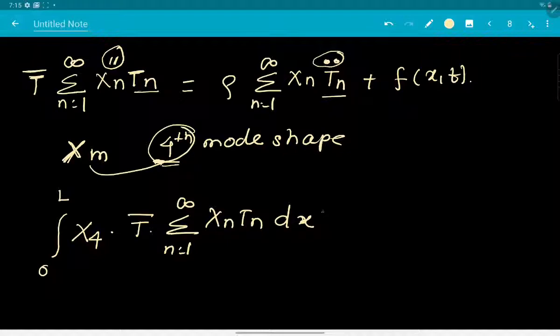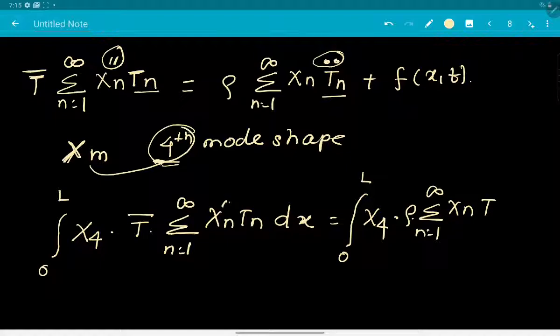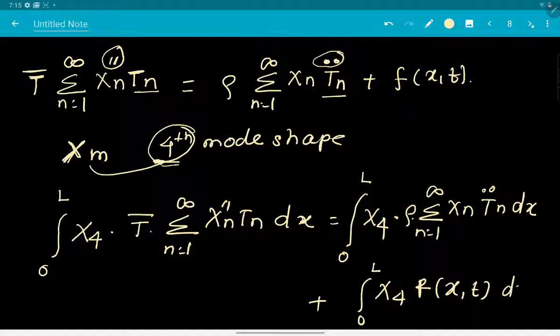That needs to be equal to integral from 0 to L, again X4 I am multiplying by, then you have rho, and then the summation term with the second derivative of it, T double dot of n, dx, plus integration from 0 to L of X4 f of x and t.